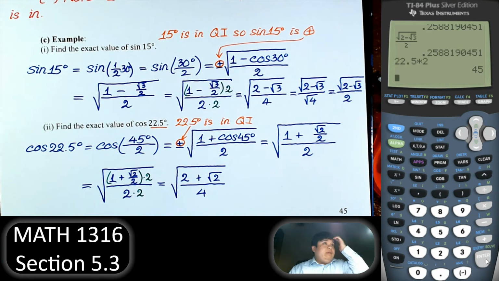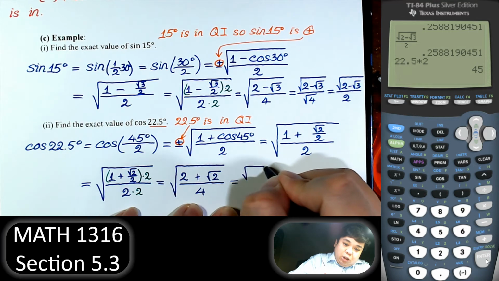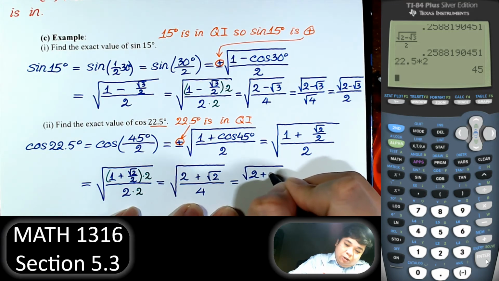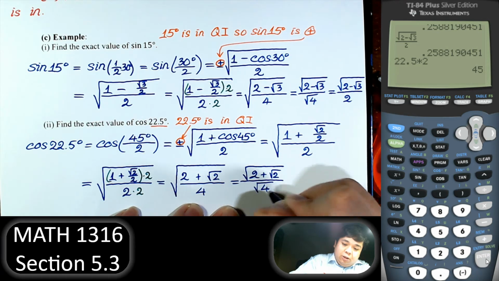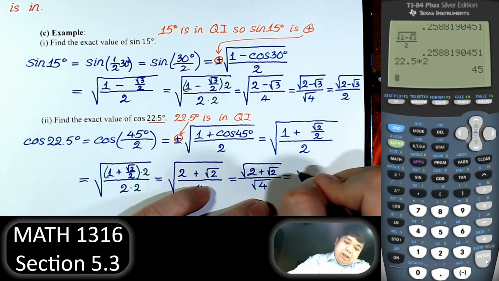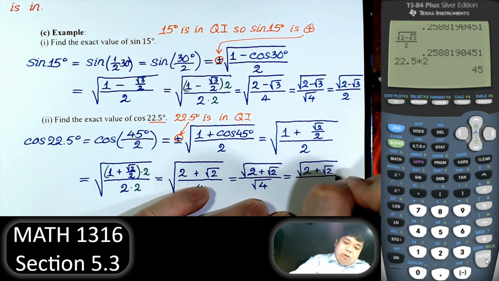Because we have 4 at the bottom, when we split the square root it conveniently turns into 2. So we have square root of 2 plus square root of 2 over 4.